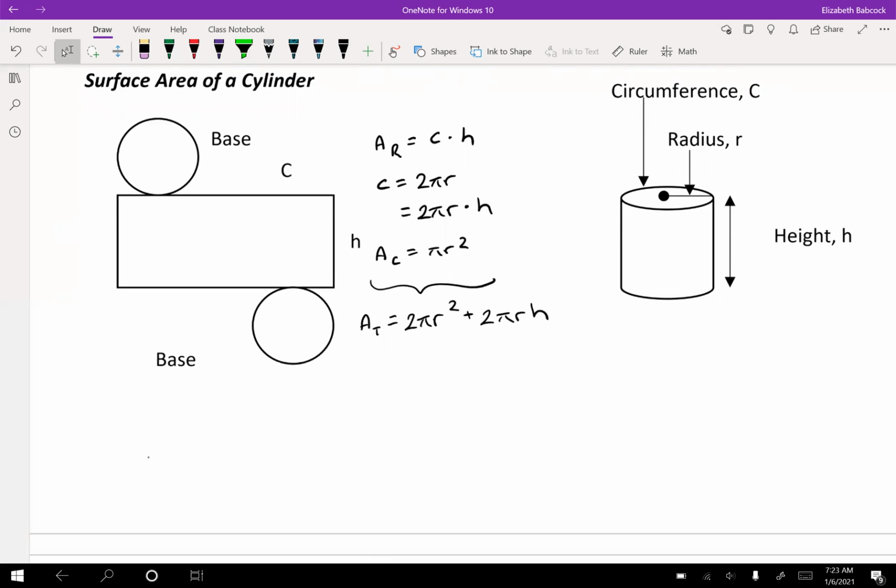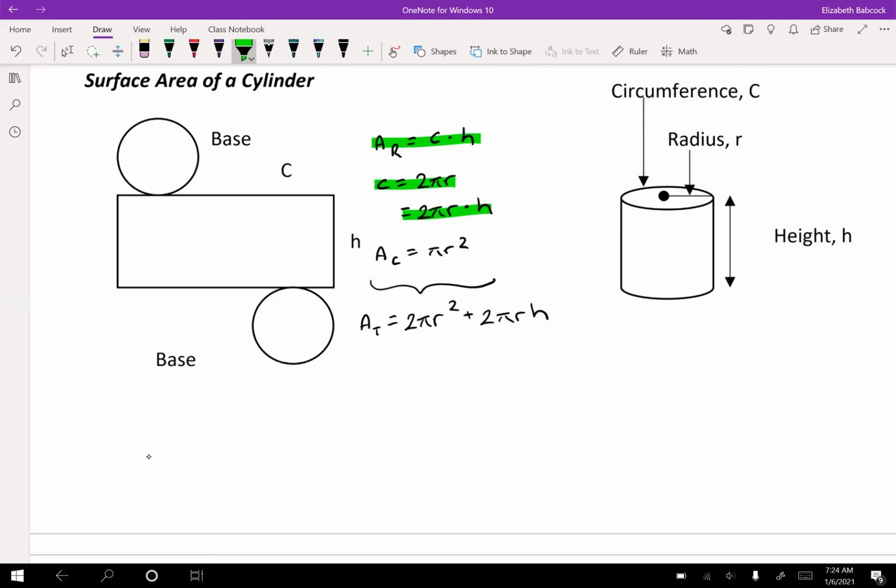So I've put the formulas down for you for any time you're dealing with a cylinder. For example, I identified that the area of the rectangle is your circumference times your height. I have identified that the circumference is equal to 2 times pi times your radius. That's your standard circle formula. And then I just plugged in the 2 pi r instead of the c, and now we have 2 pi r times h.